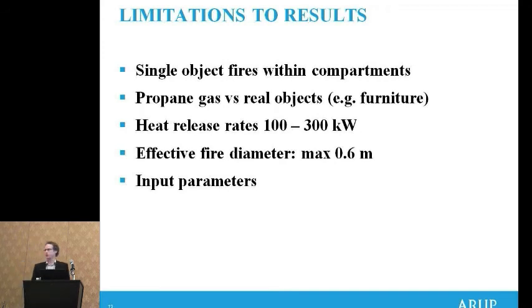For the input parameters for the models, I looked at a range of literature to get the most appropriate input parameters for the fuel source used, and looked at the sensitivity of those input parameters. However, there may be scope to further refine the exact values used and then apply the correct values to the given situation in an actual compartment fire.